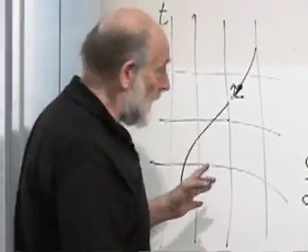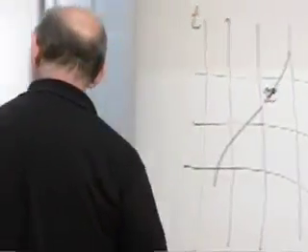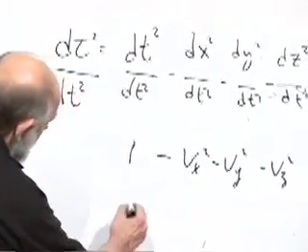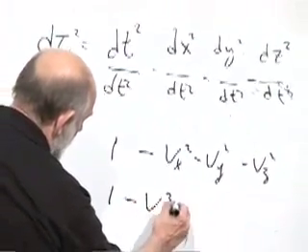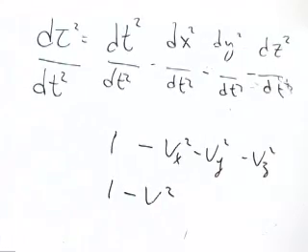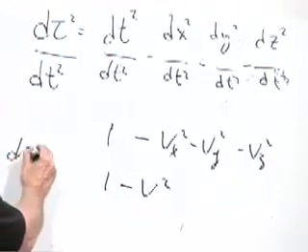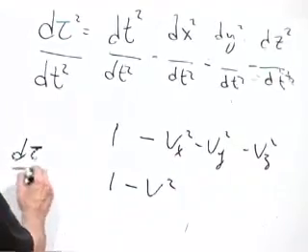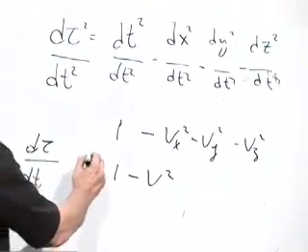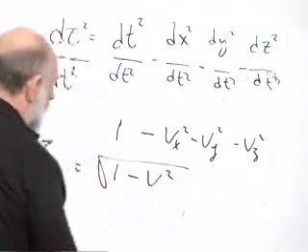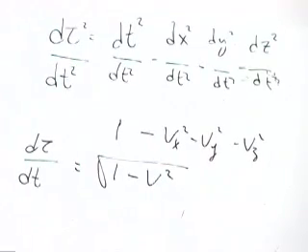That's the magnitude of the ordinary velocity. And so this is just 1 minus v squared, where this v here represents the full velocity of the particle. That's equal to d tau by dt squared, or better yet, d tau by dt is equal to the square root of 1 minus v squared.